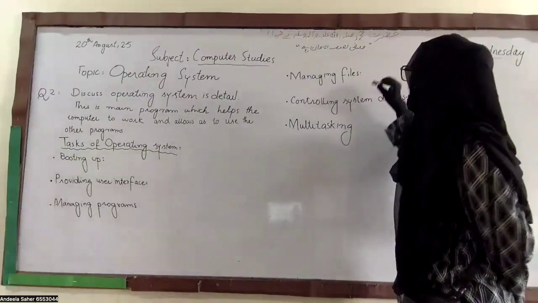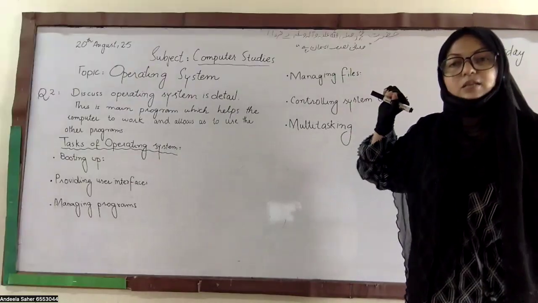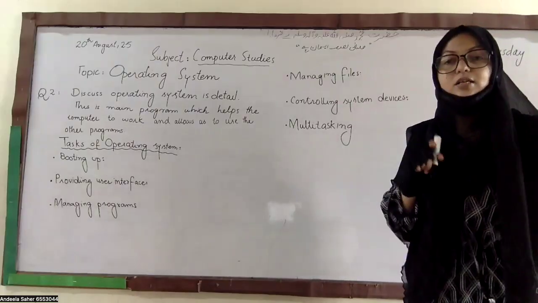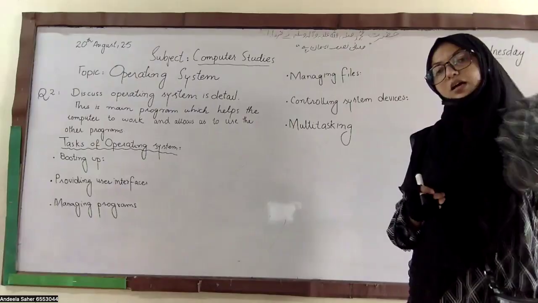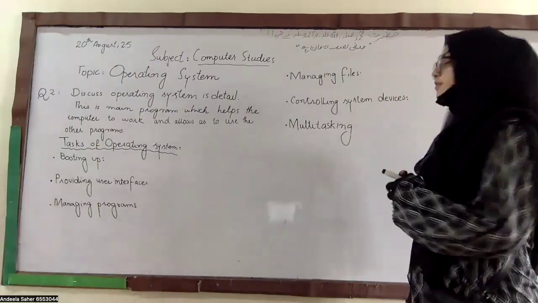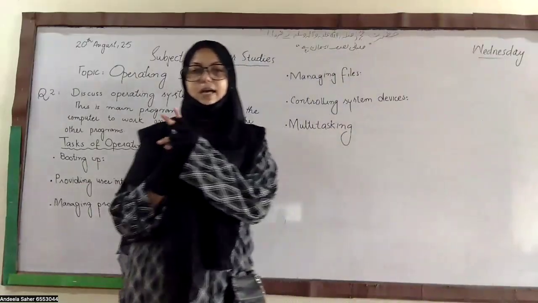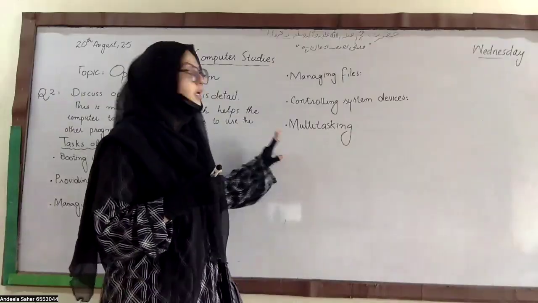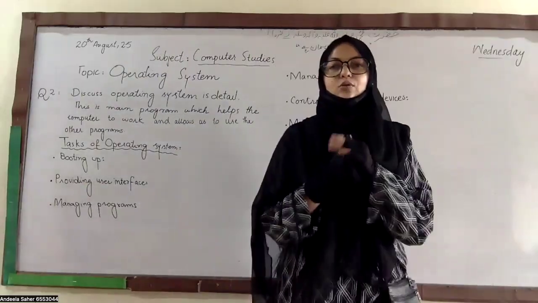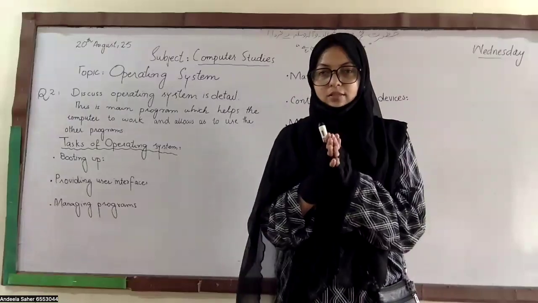Managing files, to allocate space in memory to your files, and it can change the place as well if you ask. Controlling system devices, all the peripheral devices and hard drives are managed with the help of the operating system. And multitasking, which is the foremost important.